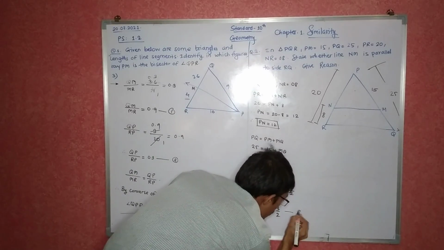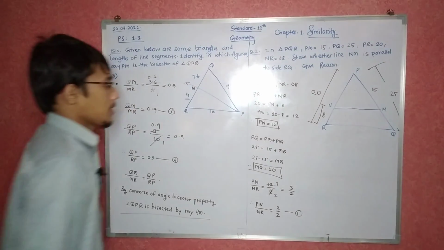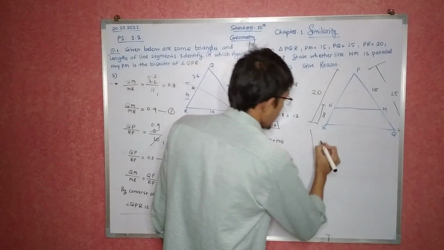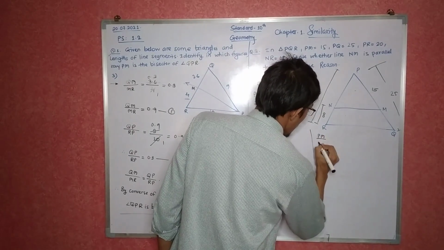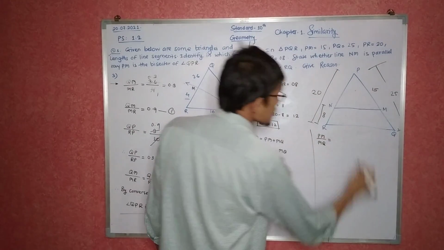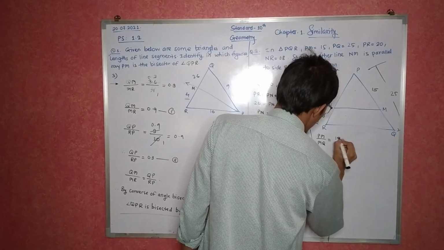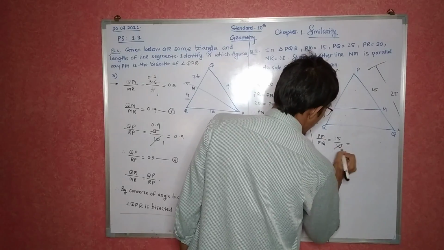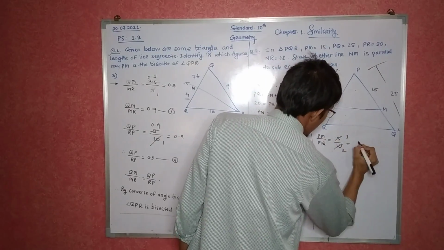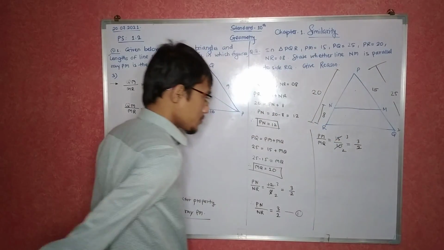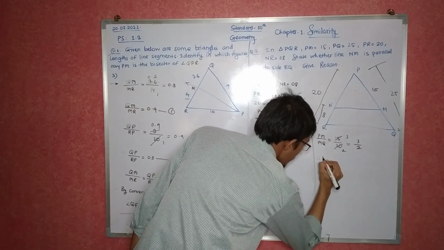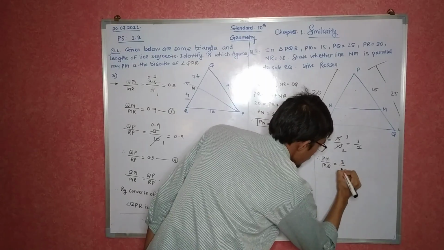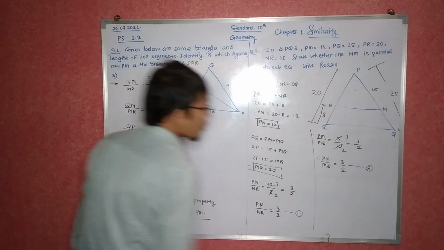This is going to be our equation 1. Then we will find PM upon MQ. PM is 15 and MQ is 10. 5 2s are 10 and 5 3s are 15. Again we have got 3 by 2. Therefore PM upon MQ is equal to 3 by 2. It is our equation 2.